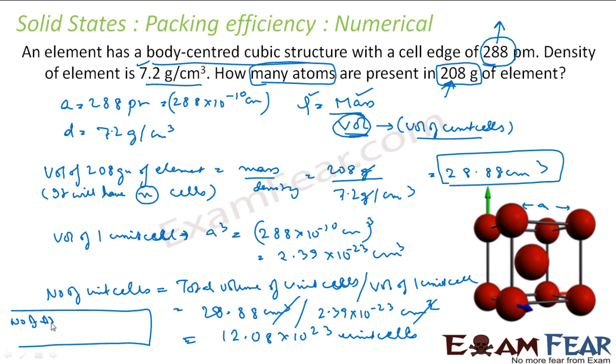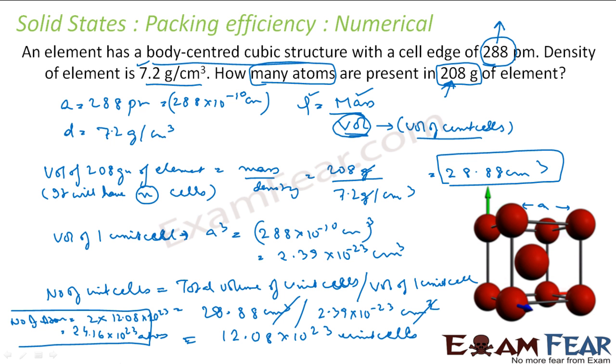The number of atoms will be 2 into 12.08 into 10 to the power 23. You solve this, you get 24.16 into 10 to the power 23 atoms. And that is my answer.